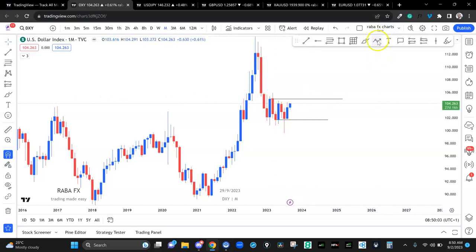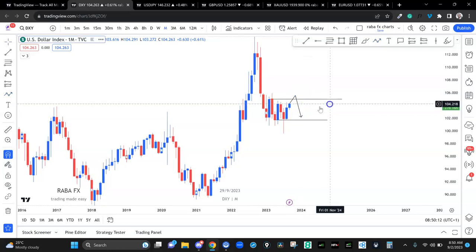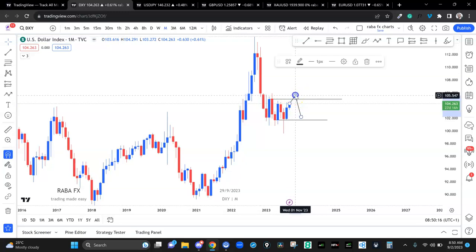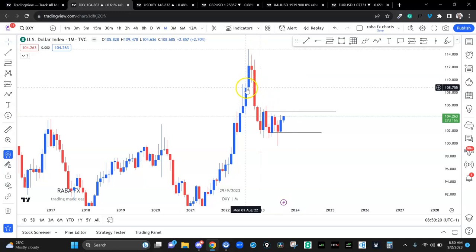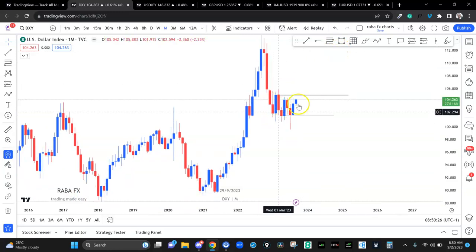When price trades into this region, we can see a wick in, and then we might continue this bearish move. However, if we close above this level, it signals that price might head up even higher to test some of these opening prices. So this is what we are looking at on the DXY on the monthly as a bullish bias.